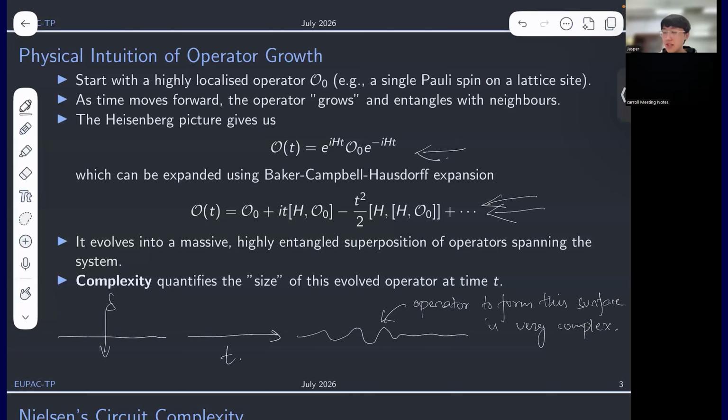This form is very important for us in the later Krylov part, because we are going to derive a basis of a space from these nested commutators. But for now, the idea is simple. The operator starts from a simple operator, it evolves along time, and it becomes complex over time. That's the whole idea.